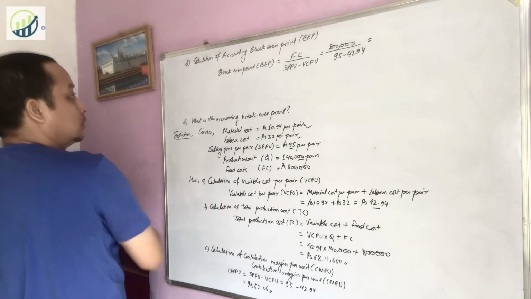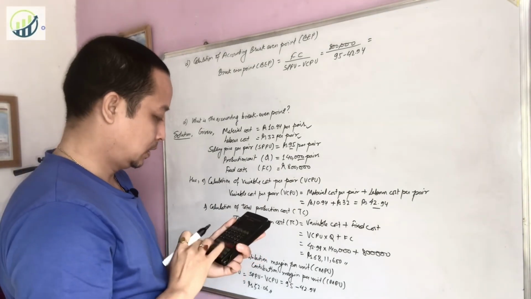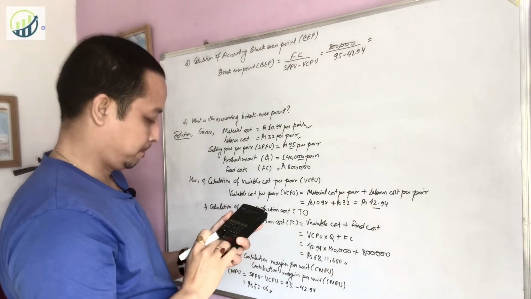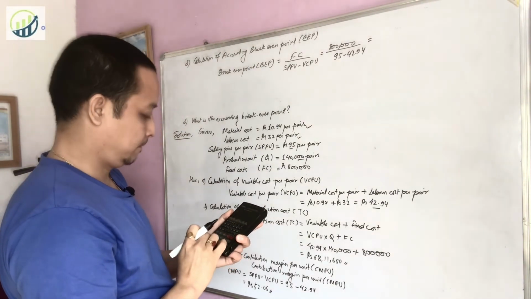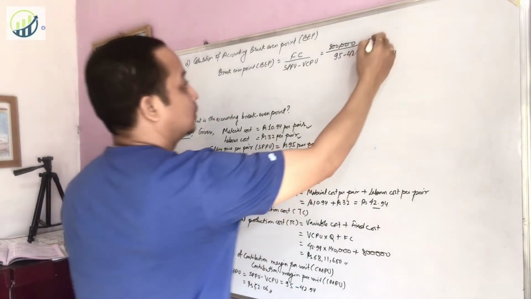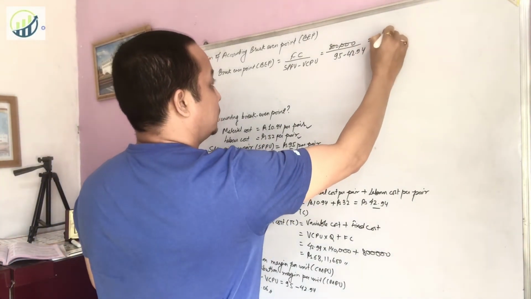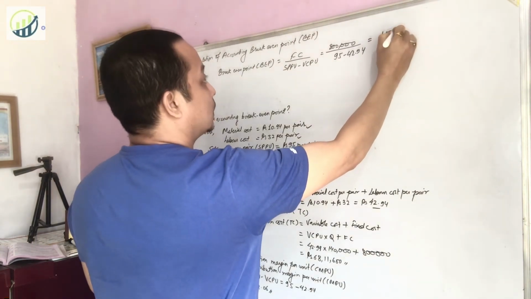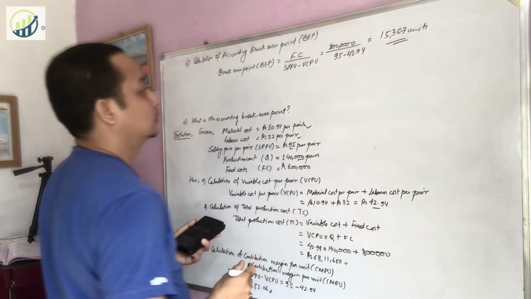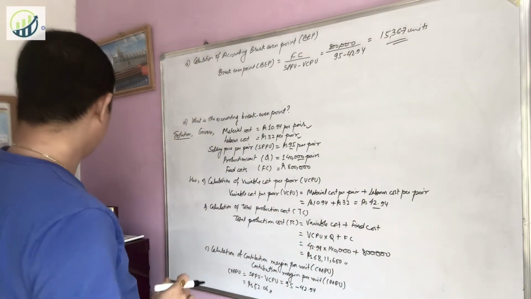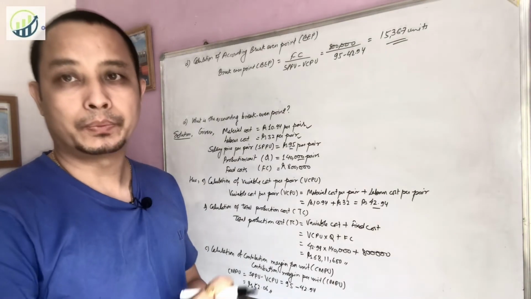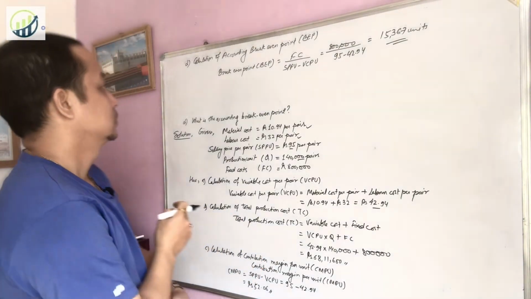So your break-even point is 8 lakh divided by that, that is your 15,367 units. So this is your break-even point. At this break-even point there is neither profit nor loss. So in this way you have to solve this problem.